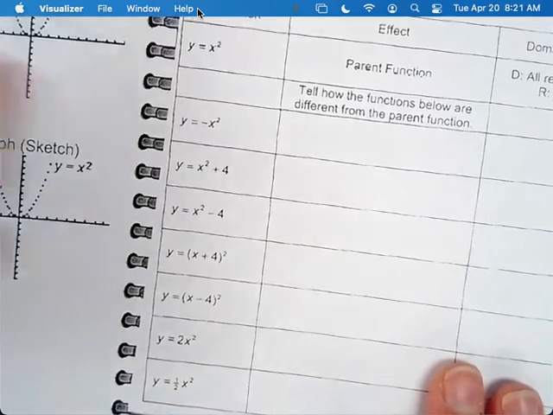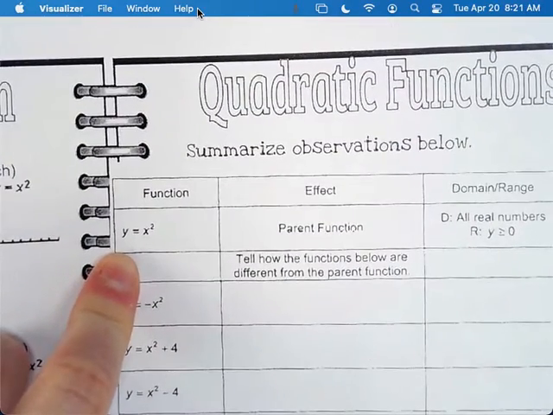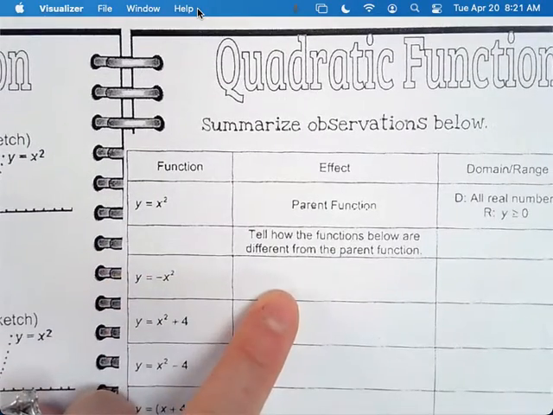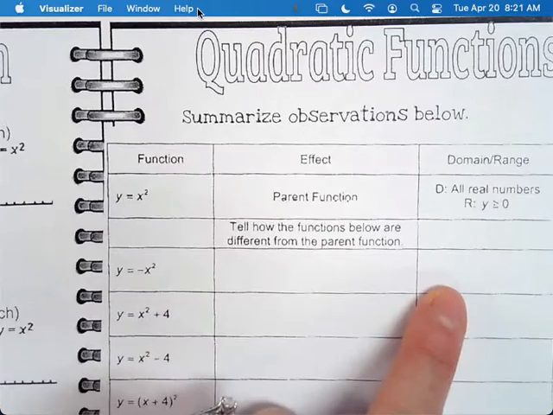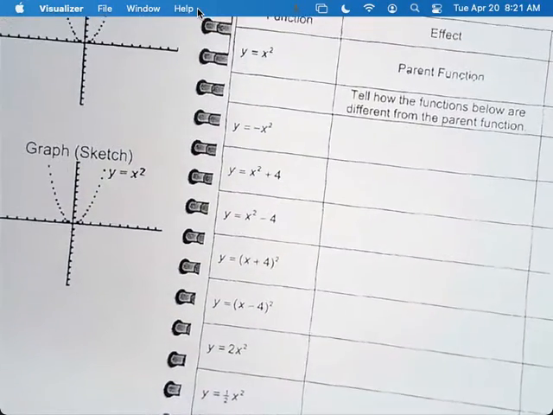You will compare them on the next page. Summarize observations below. You're going to talk about what was the effect and what is the domain and range. There are actually 7 of these I want you to do. Okay, so go ahead and do this with your table group.